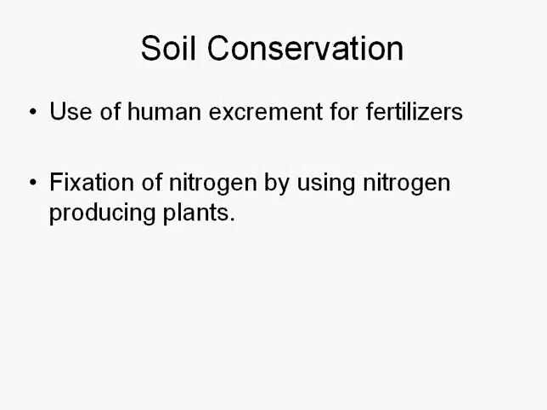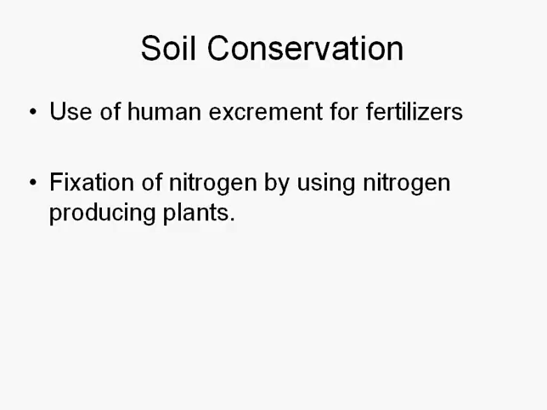As we look at soil conservation, it became important. And this idea that, hey, we need to use this soil to be able to produce agricultural products year after year over time. And so the use of human excrement for fertilizers, and this was established through better sanitation, through sewage treatment plants and things like that.